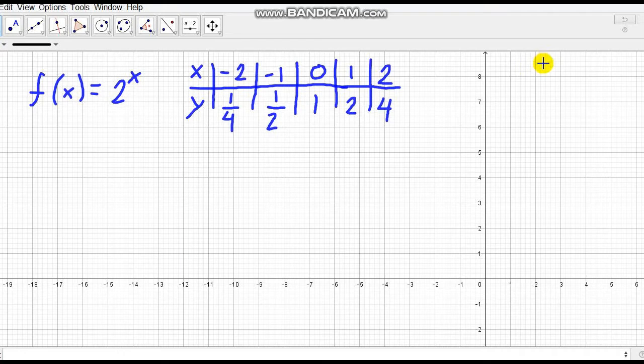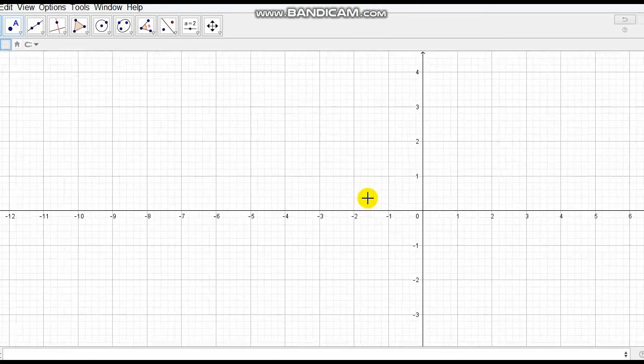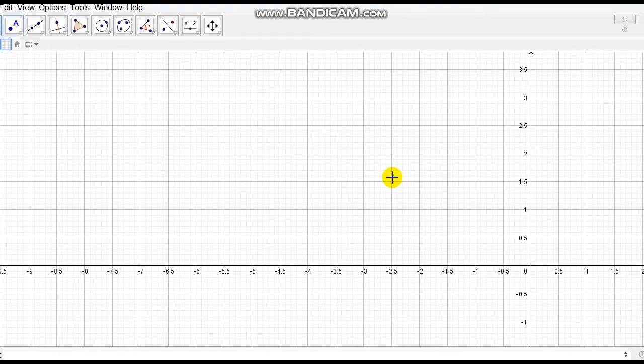So we are going to graph the exponential function. If x is -2, then y is 1/4. Let's focus our attention here. This is our graph. If x is -2, then it is 1/4, so let's say it's somewhere here.